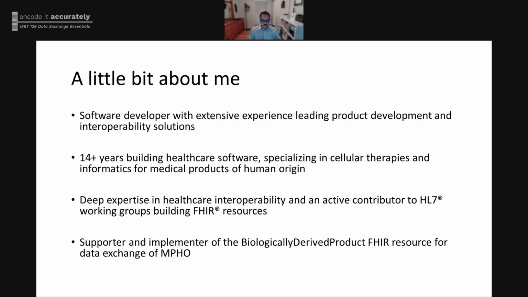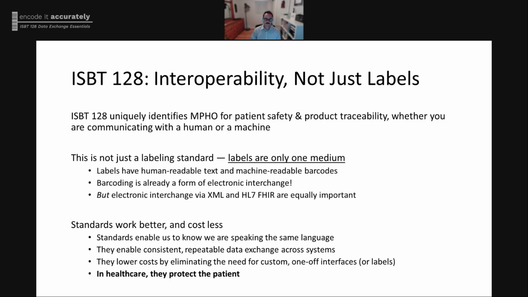So much of what I'll share today comes from my hands-on implementation experience enabling these sorts of integrations. I'm really quite excited about the data standard side and increasing the vocabulary of the healthcare interoperability ecosystem to better support MPHO. So why do we think about ISBT 128 only as labeling?